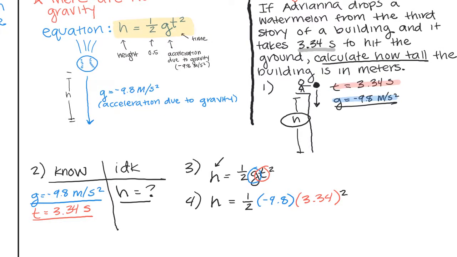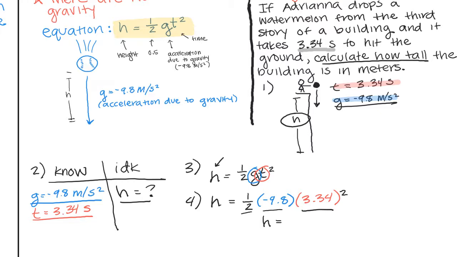Okay. So I'm going to go ahead and solve. I'm just going to move over here a little bit and rewrite it over here so I got a little bit more room. All right, so I'm going to rewrite H is equal to, and just plug this in my calculator. So you can plug in 1/2 times negative 9.8 times 3.34 squared.